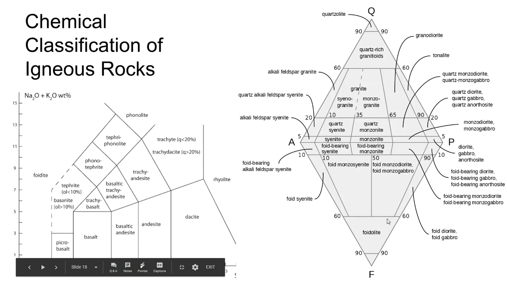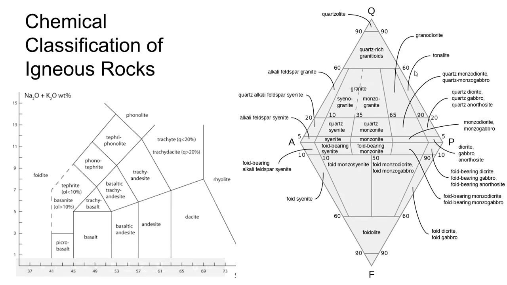These are more rare down here, but most of your plutonic rocks or intrusive rocks are going to plot up here. But you need to remember it's 3 points. So your percentage in terms of the 100% bulk composition of the rock, you're going to have 3 numbers here, and you have to have 3 numbers to be able to plot it on here. But that's how we do it chemically.